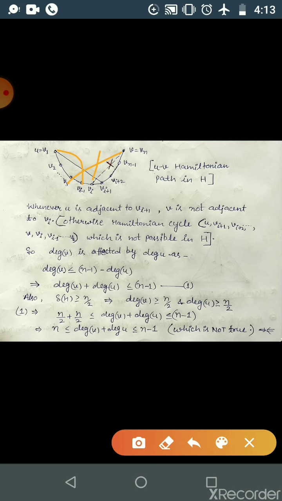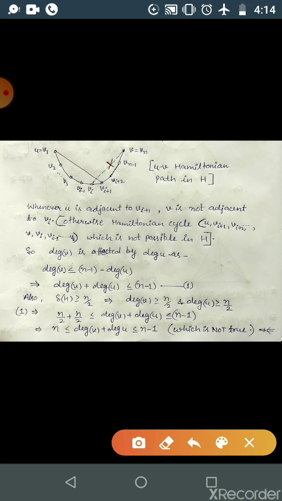And why is this case not there? Because if this is happening, then we can find some Hamiltonian cycle using these. Whenever u is adjacent with v_{i+1} and v_i is adjacent with v_n, then you can form a Hamiltonian cycle. How?